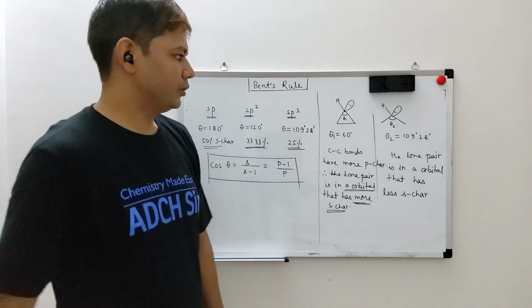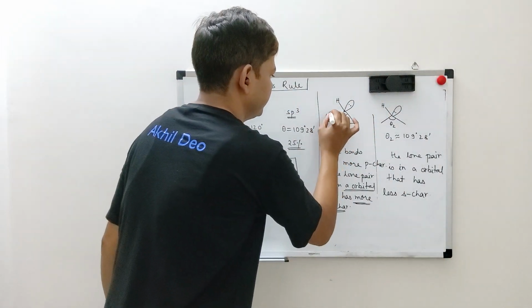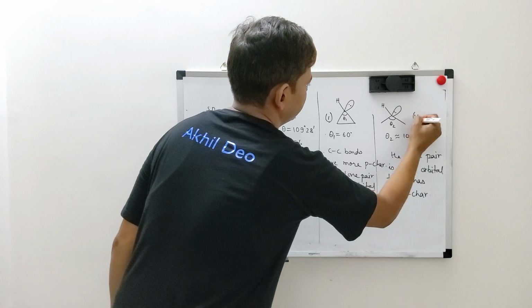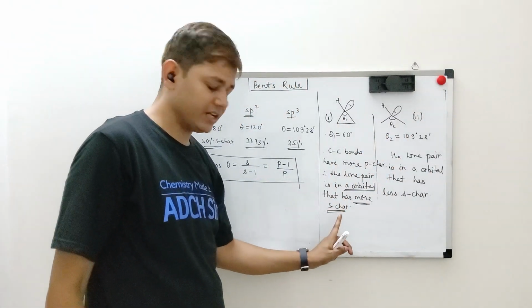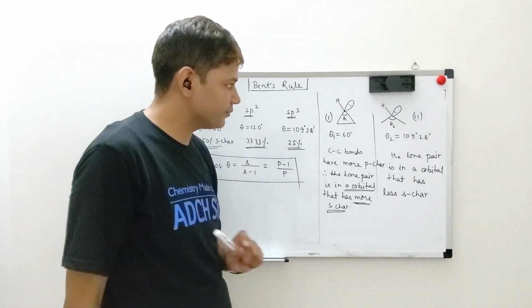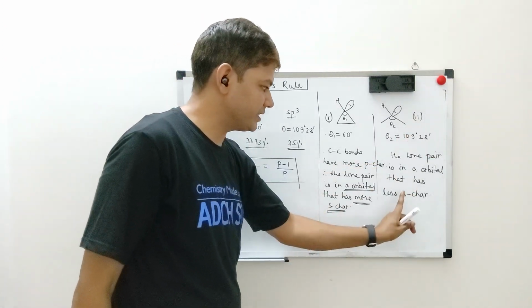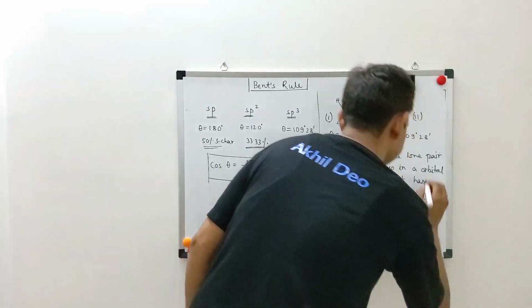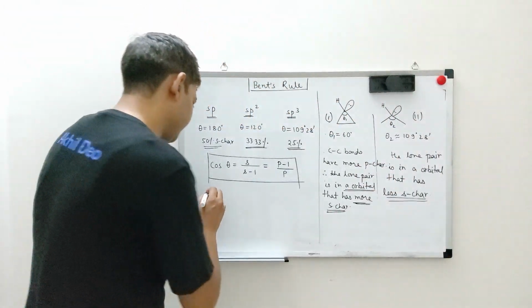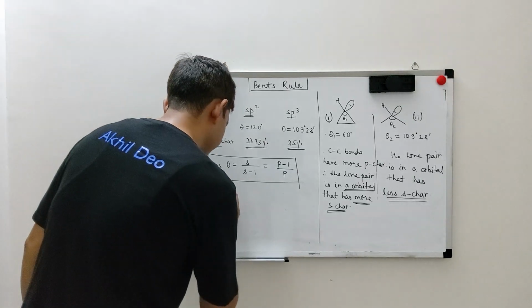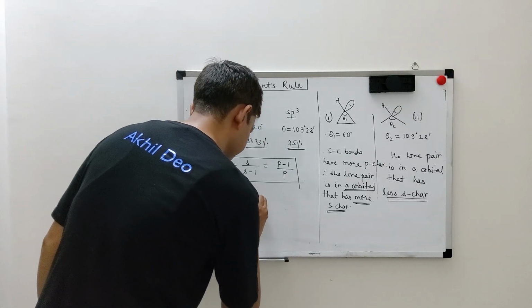So in the first structure, the lone pair is in an orbital that has more s character. In the second structure, the lone pair is in an orbital that has less s character. More s character means more electronegativity. We know that electronegativity is proportional to percentage s character.